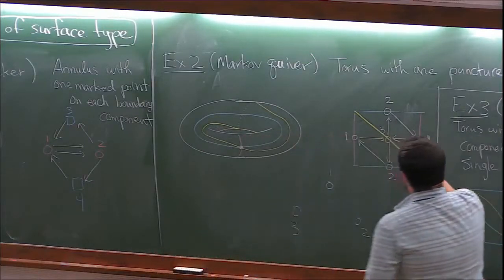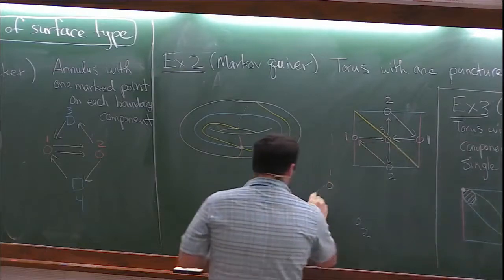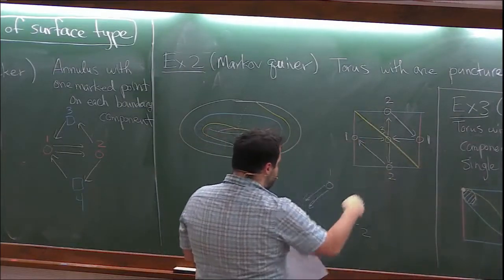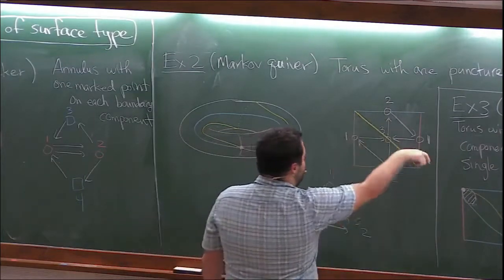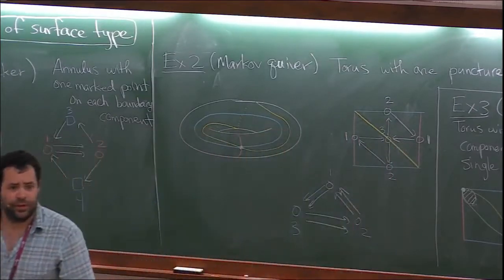So from 1 to 3, I have 2 arrows. One here, one here. And the same thing is true in all the other cases. So from 3 to 2, I have 2 such arrows. And from 2 to 1, I also have 2 arrows. So this is this Markov.